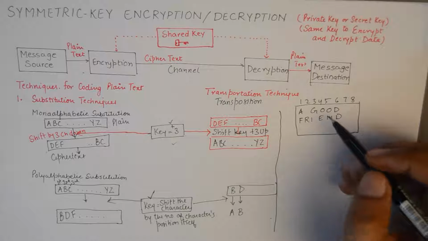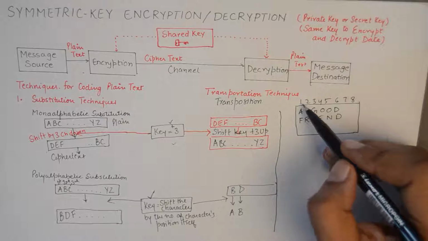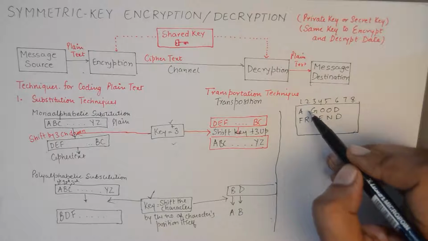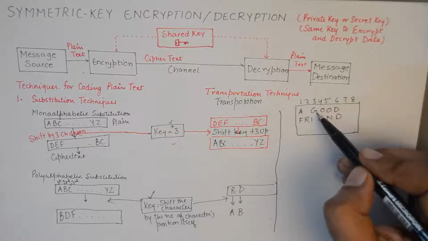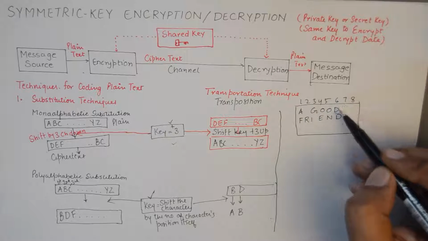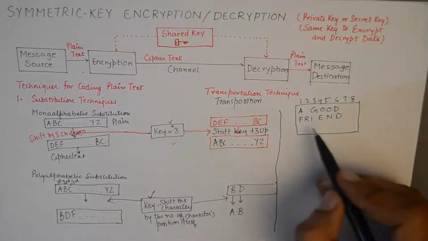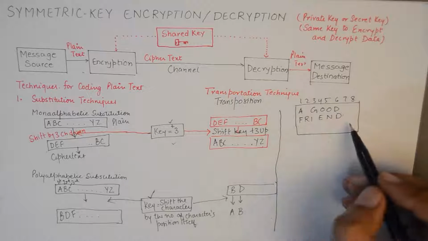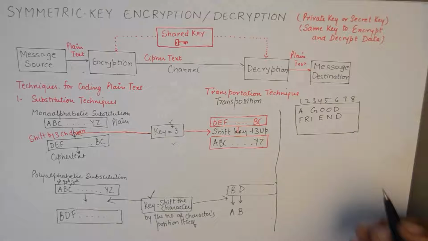So you could see that A is positioned at position number 1, position number 2 is a blank space, position number 3 is G, and similarly 4, 5, 6 have OOD, 7, 8 again is a blank, and similarly in the second line you have some characters positioned here.